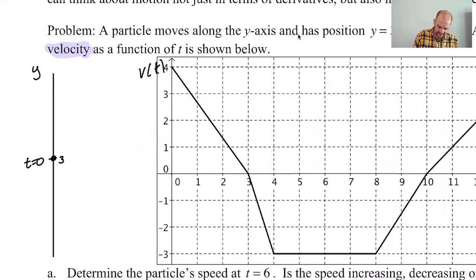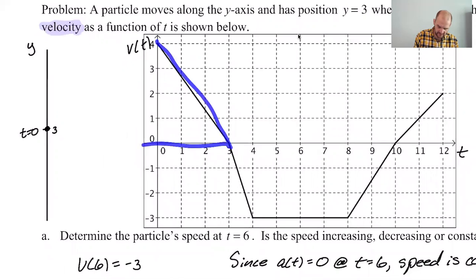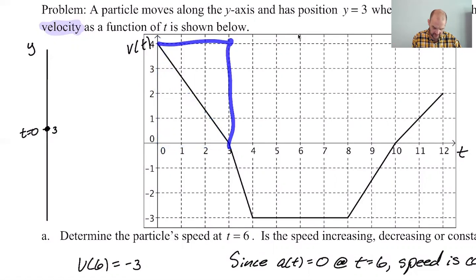Well, the velocity is positive until we get to 3. So from 0 to 3, we're going to be moving up. Furthermore, because we understand how definite integrals work, we're at y equals 3 at t equals 0. And then from 0 to 3, we're going to add a triangle that's 4 by 3.